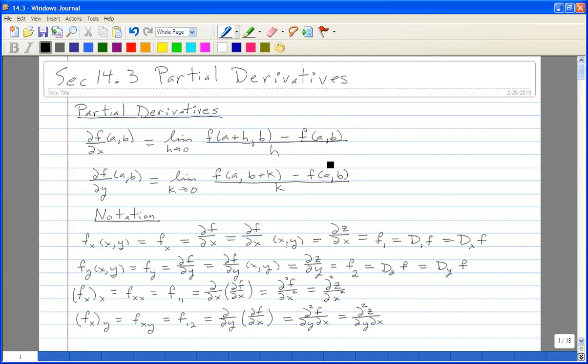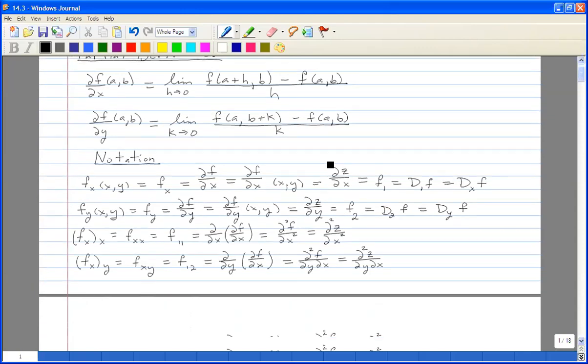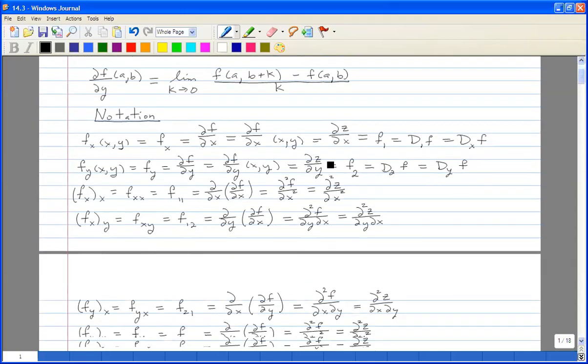So, popular notations. I can use a subscript. Say if I want to look at the partial of f with respect to x, I can use the subscript of x, or subscript of 1 because it's the first variable. I can use the curly d notation, curly df over curly dx.